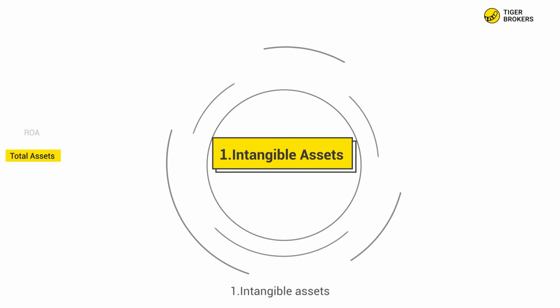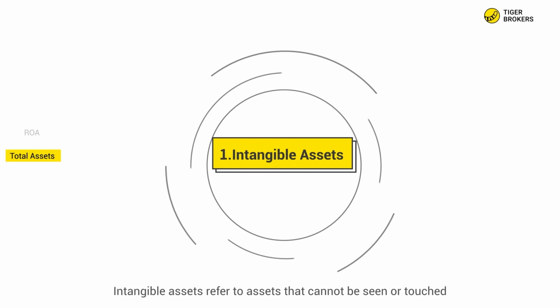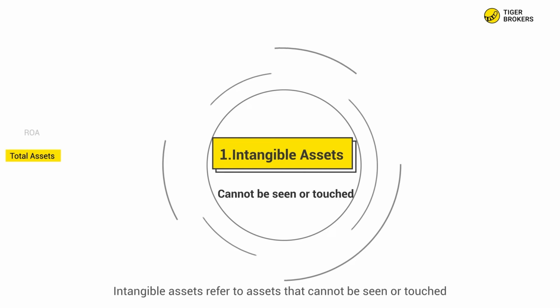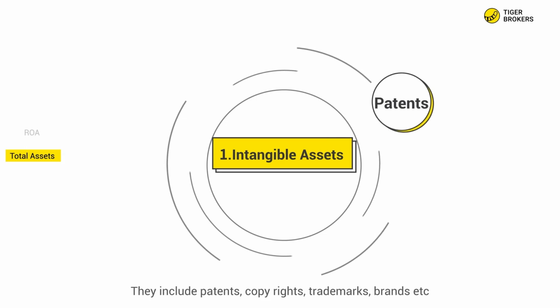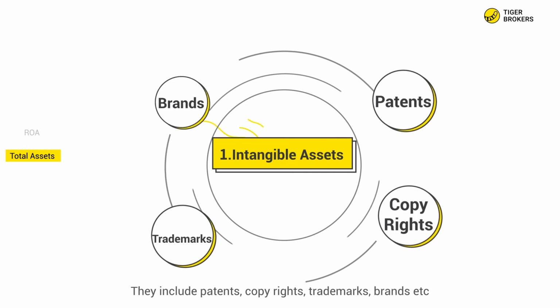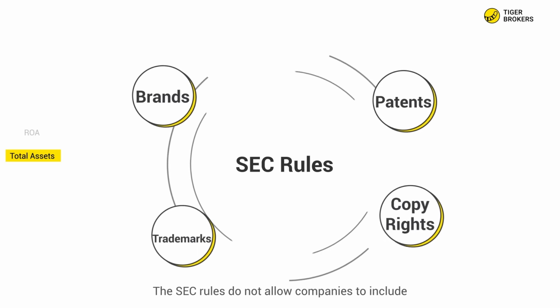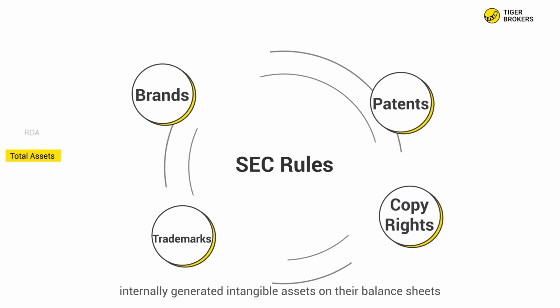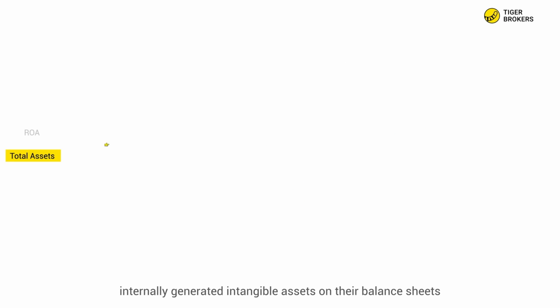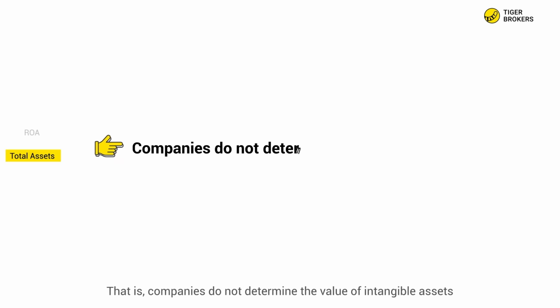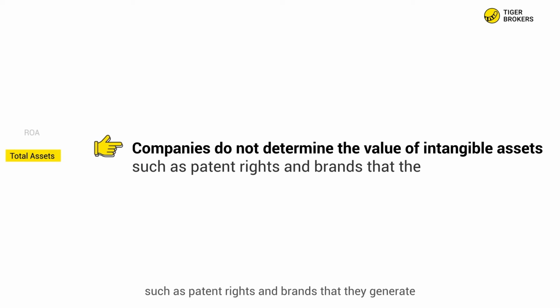1. Intangible assets. Intangible assets refer to assets that cannot be seen or touched. They include patents, copyrights, trademarks, brands, etc. The SEC rules do not allow companies to include internally generated intangible assets on their balance sheets. That is, companies do not determine the value of intangible assets such as patent rights and brands that they generate.